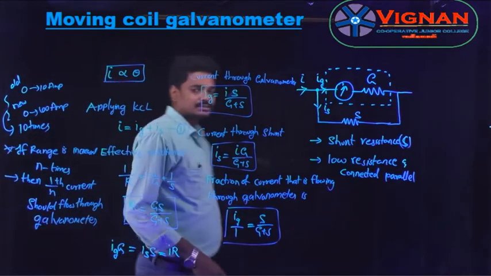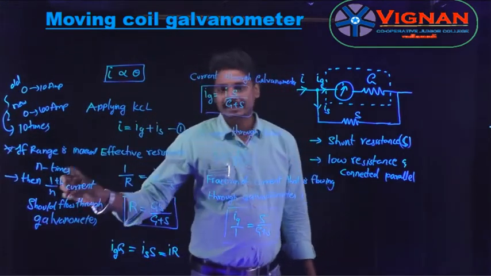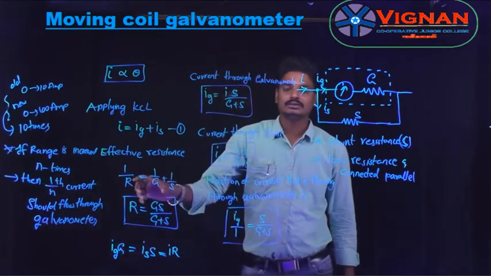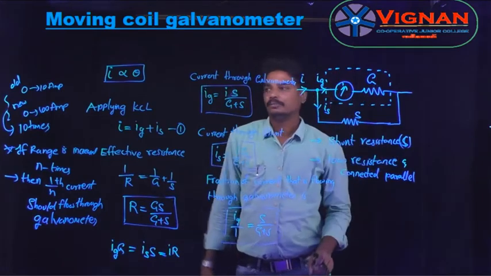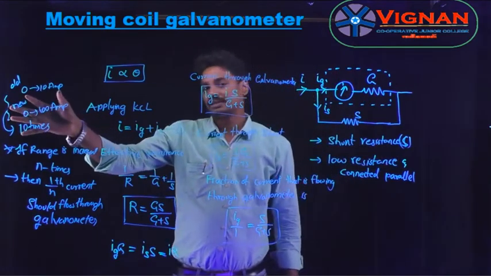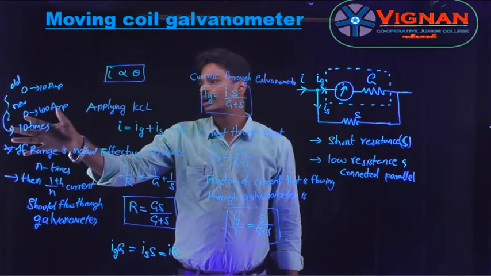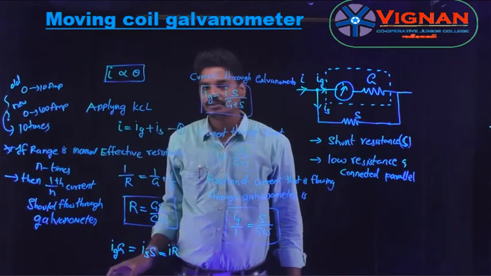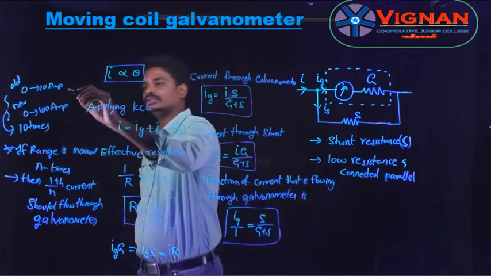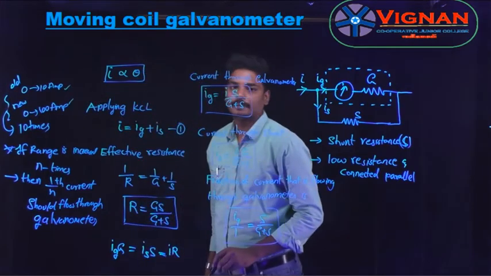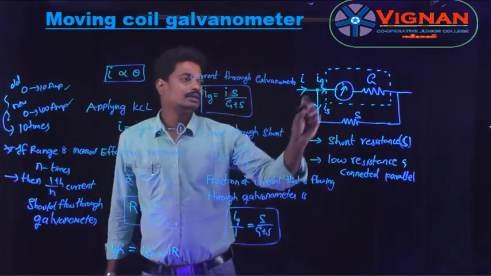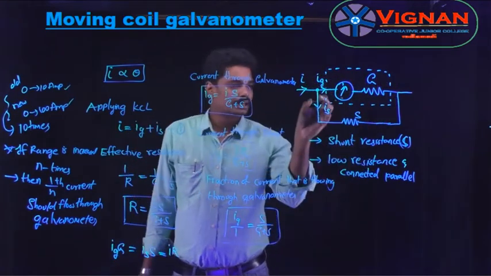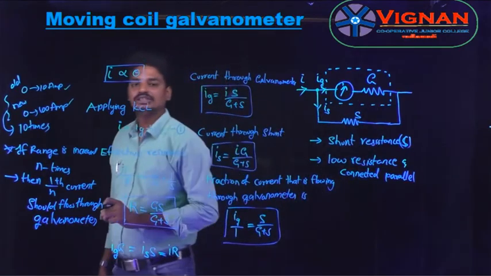I need to increase the range n times, but only 1 by nth part of the current should flow through the galvanometer, because here you can observe 0 to 10 amperes. The new range is 0 to 100 amperes, so the n value is 10. Only the 1 by 10th part of the total current should flow towards the galvanometer. The remaining current will flow through the shunt.